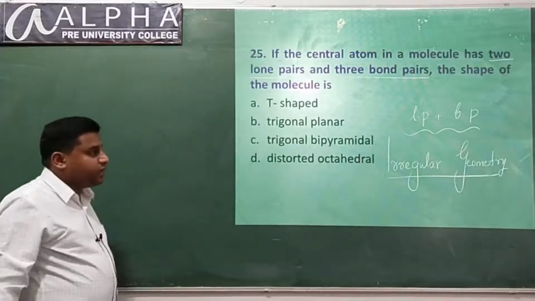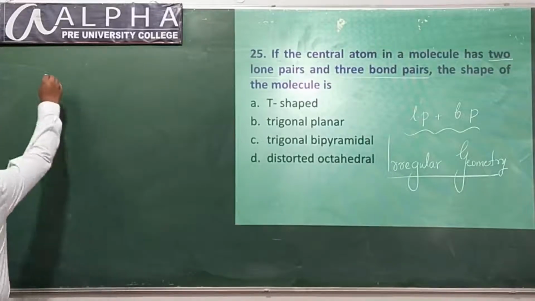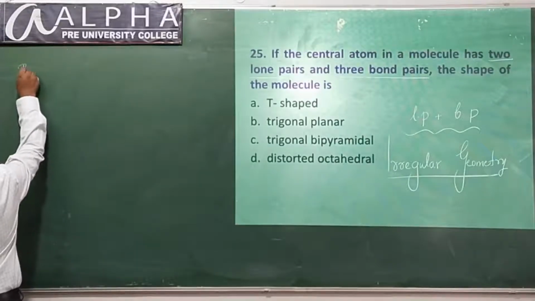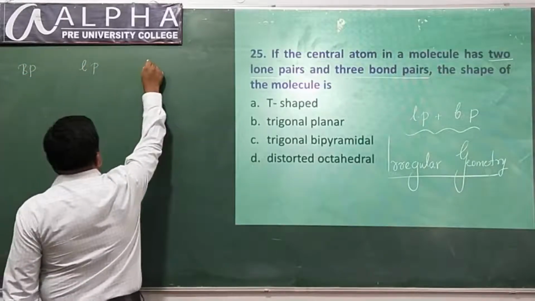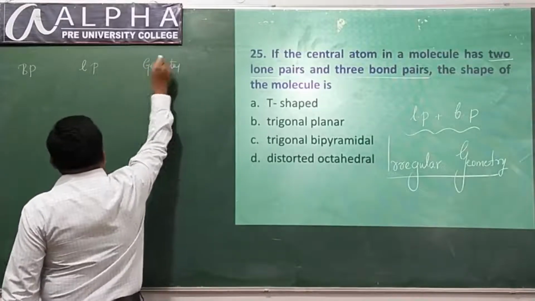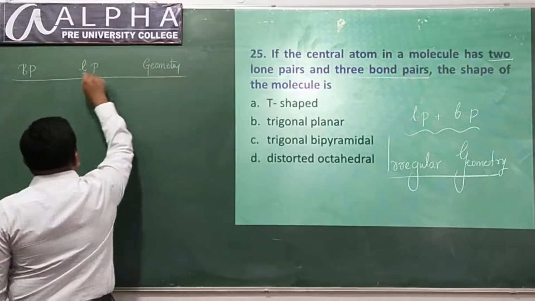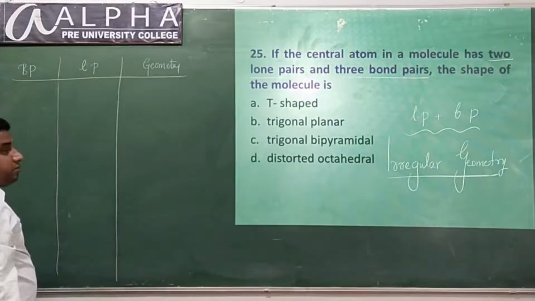Please remember this trick. I am going to write a table. In one column I will write bond pair, then lone pair, and then the geometry. Yes, please remember this.